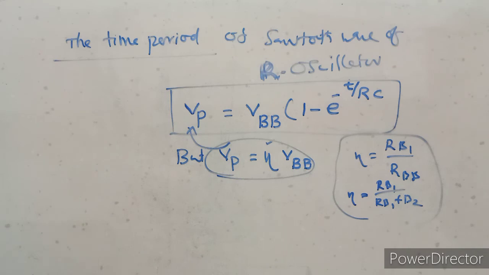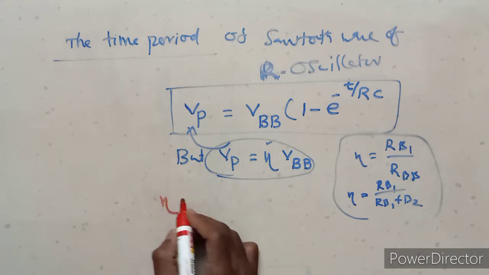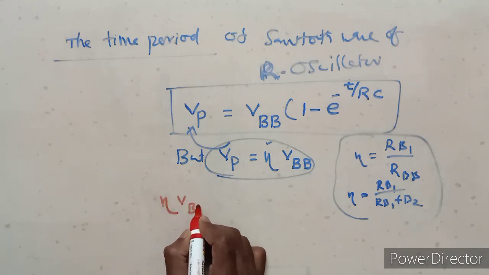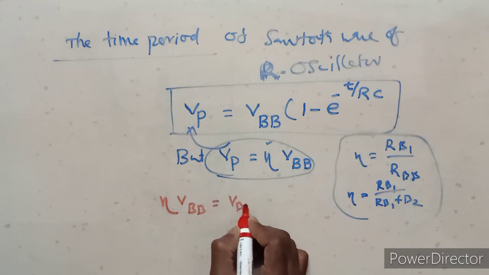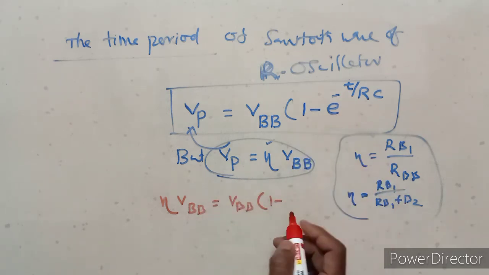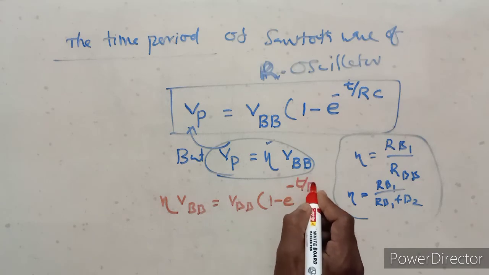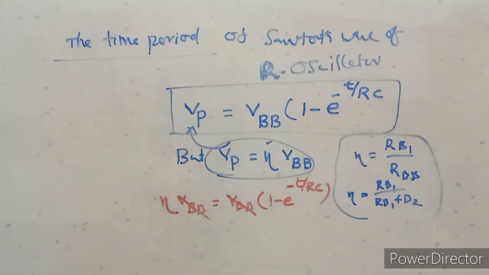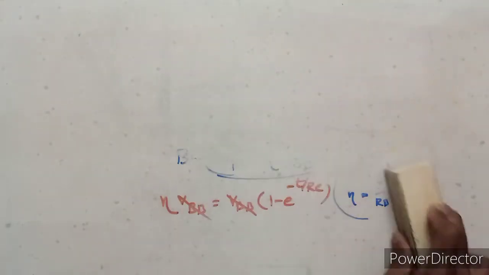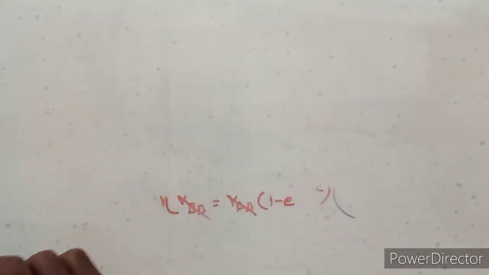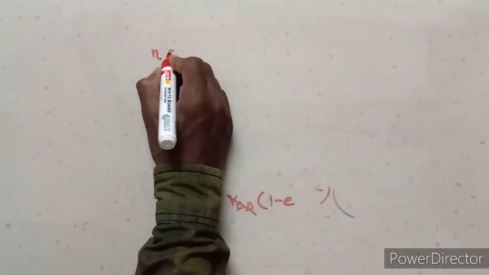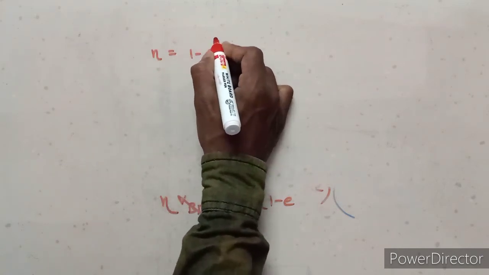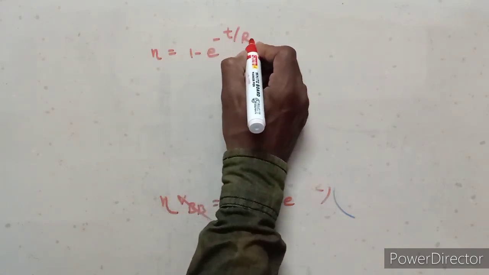So eta into VBB equals VBB into 1 minus e to the power of minus t upon RC. Here VBB cancels. Next, further simplification: eta equals 1 minus e to the power of minus t upon RC.